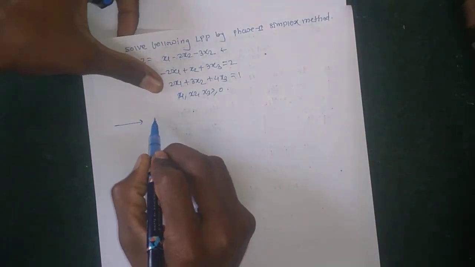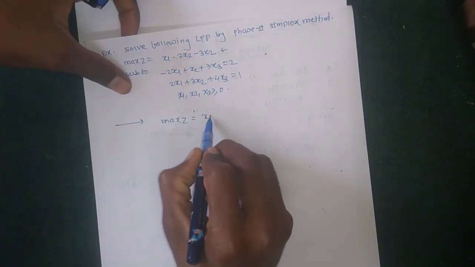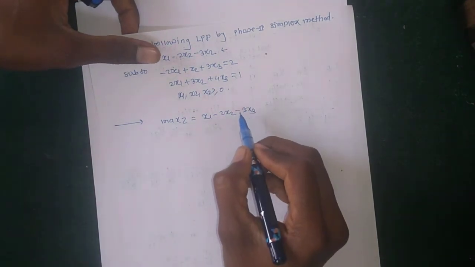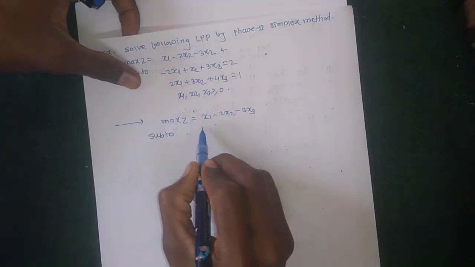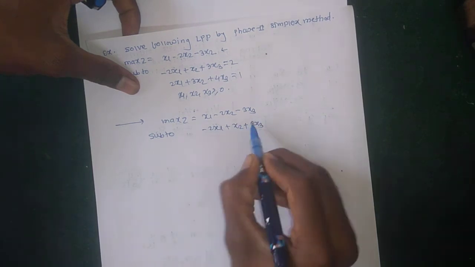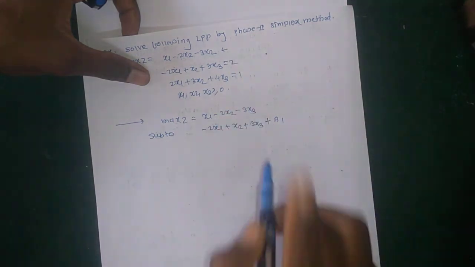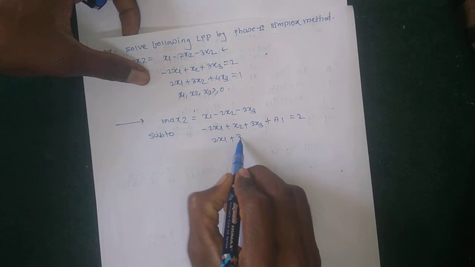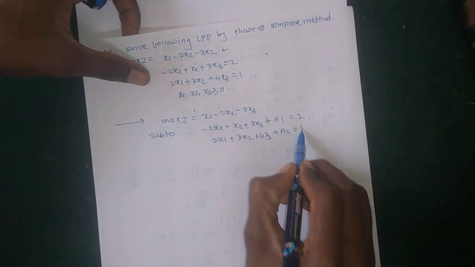Let maximum z is equal to x1 minus 2x2 minus 3x3 subject to constraints: minus 2x1 plus x2 plus 3x3 plus a1, because this constraint is of equal to type so add one artificial variable, equal to 2, and 2x1 plus 3x2 plus 4x3 plus a2 equal to 1.